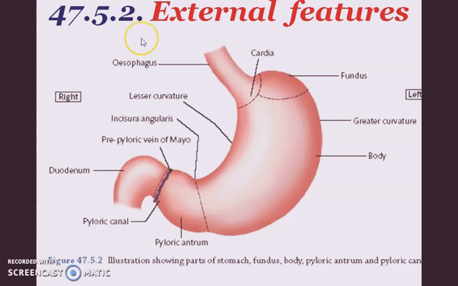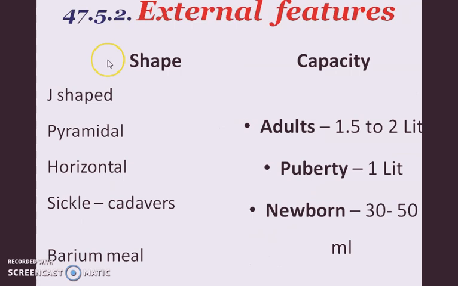The next subcompetency is external features. The abdominal part of esophagus opens into stomach and the pyloric part of stomach continues as duodenum. The shape of stomach is J-shaped when empty or slightly filled.